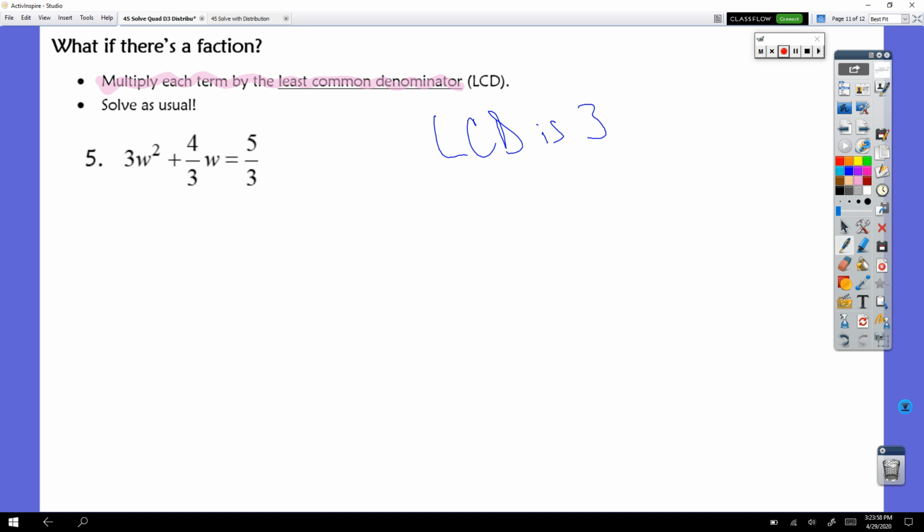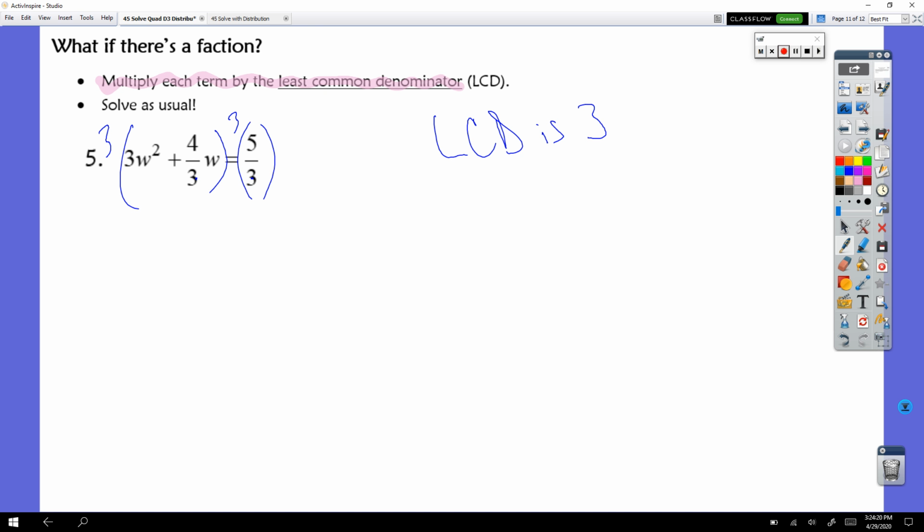Because 3 is the smallest number that the denominator 3 goes into for both of these fractions. So I'm going to multiply everything by 3. There are two ways that you can show this. I think I'm going to do parentheses on each side.